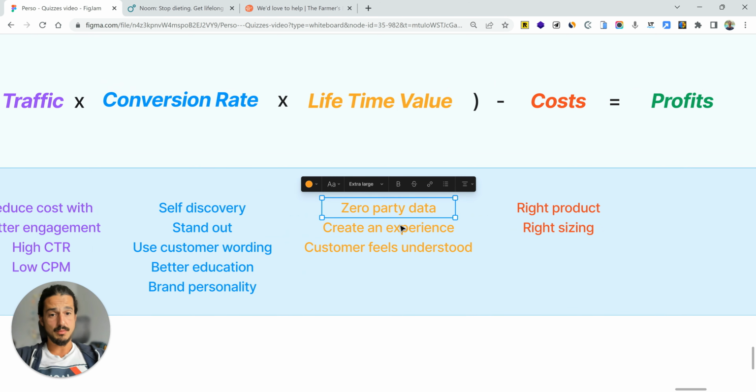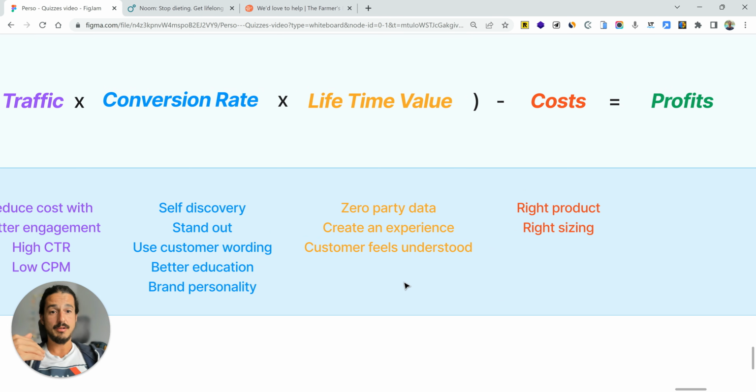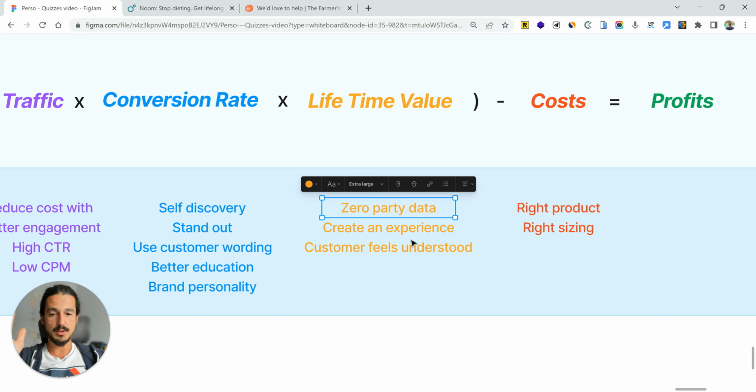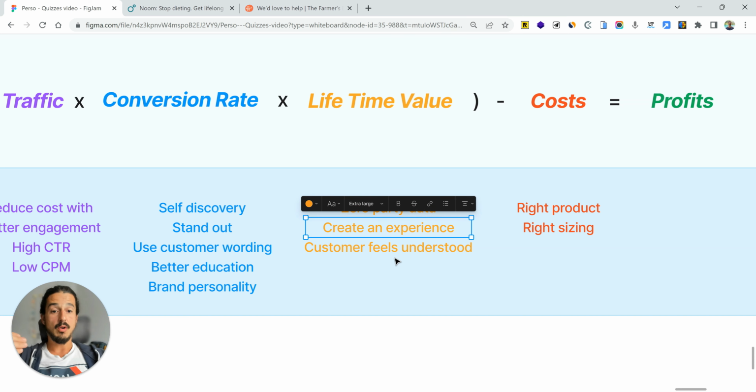Lifetime value: if you remember, we were lacking data to get the customer to buy again. Now we get this zero-party data, so we know exactly what the customer is looking for, what kind of customer it is, because they told us what they want. So now we can recommend the right product, the next right offer.